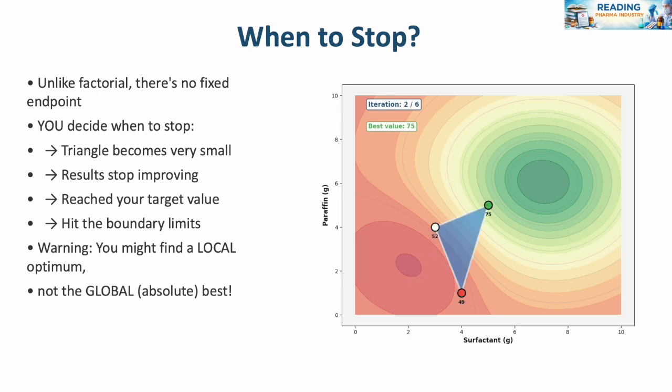Often when the triangle becomes too small, that means the difference will not be significant. Or the other possibility is that you change and then results are marginally different, or there is not much improvement. Or you basically reach your target value. So if you reach some value in mind, then this is where it is.